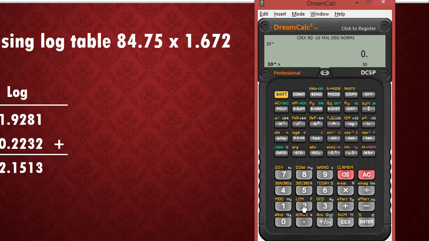Then go to your number 2.1513, then press equals to or enter. So our final answer there will be 141.677.